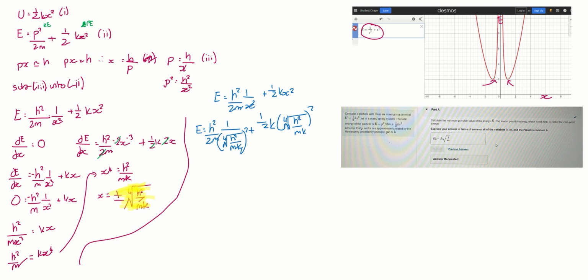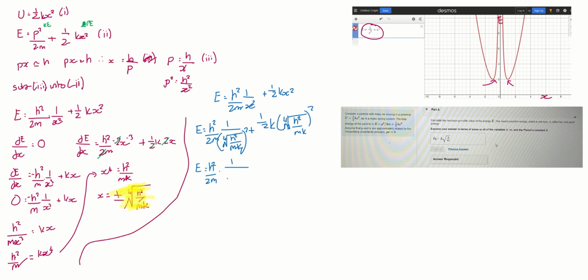So now we have lots of fun with this. Let's simplify it. So we got E equals h squared over 2m. I'm going to do each step, times by 1 over, that just becomes, because the fourth root is the same as a quarter, you know, your indices rules, a quarter times 2 is a half.